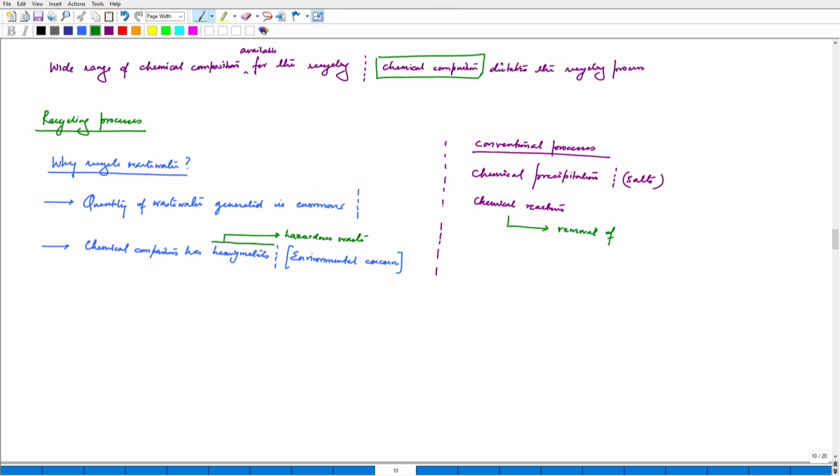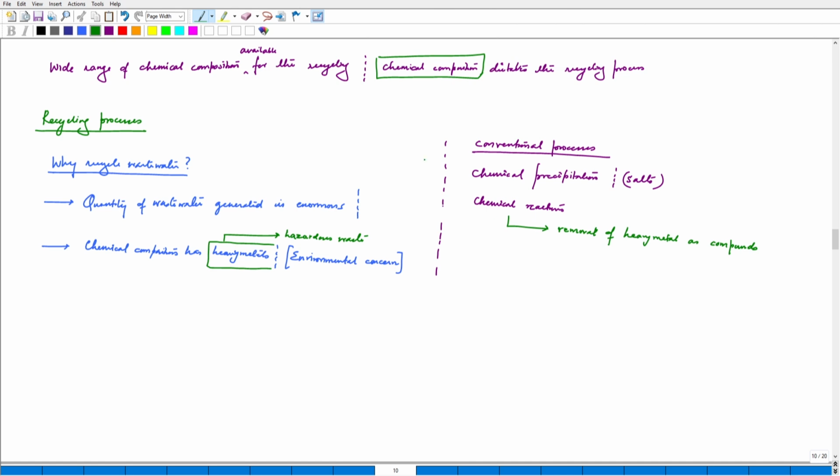So why are we recycling? Because we want to bring it out. So removal of heavy metals as compounds, products. So this can be done.